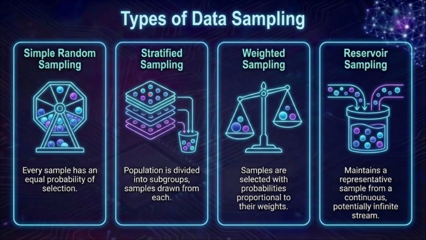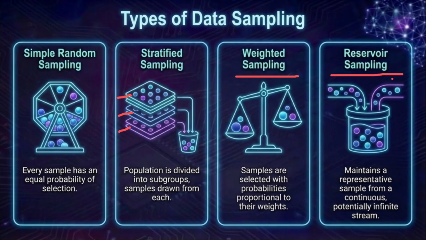Stratified sampling: the population is entirely divided into different subgroups, and then from these subgroups it will sample equally, so that rare groups won't be left out. Weighted sampling: let's say we want to prioritize something, like recently obtained data. We can add some weight to that recent data so that it gets more priority in sample picking.